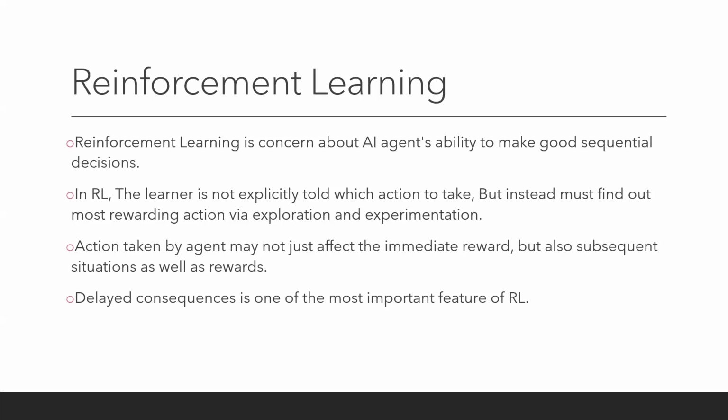Delayed consequences is one of the most important features of reinforcement learning, and it matters particularly when we talk about the discount factor. In layman's terms, delayed consequences means that when we perform some action, it doesn't just affect the current state or the current time.